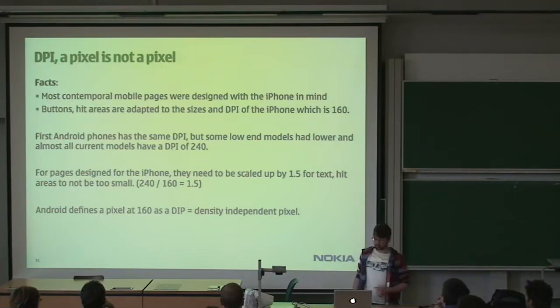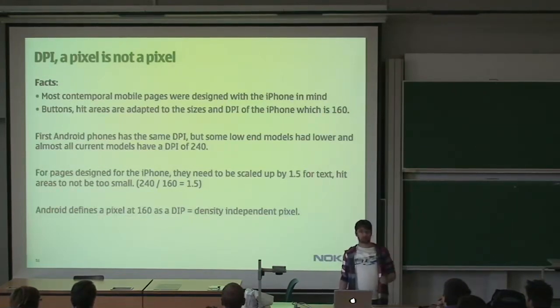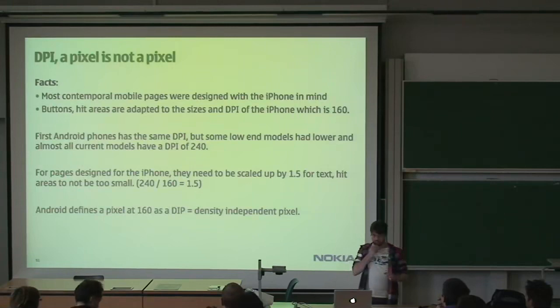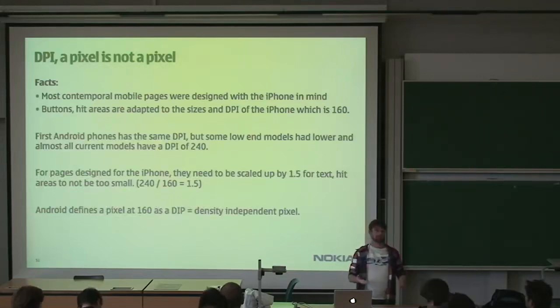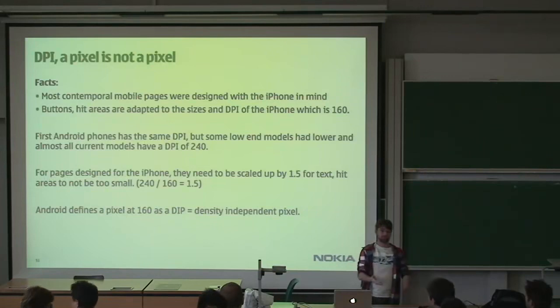So Google made a definition of something called density independent pixel, and that's defined as a pixel on a 160 DPI phone. That is because most, if not all, web apps today are designed with the iPhone in mind. And now the Android and the other platforms do exactly the same.